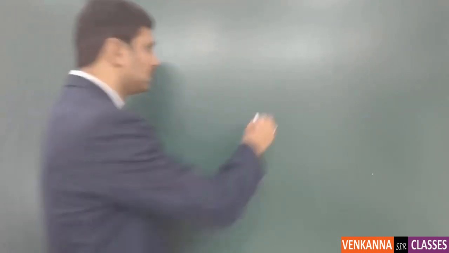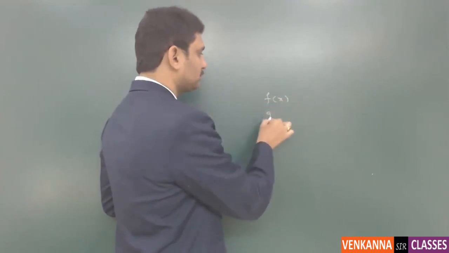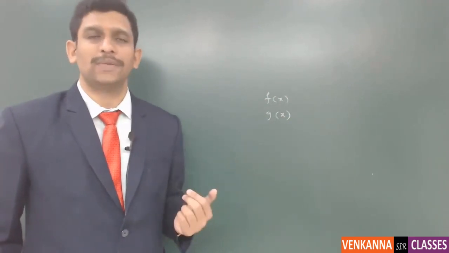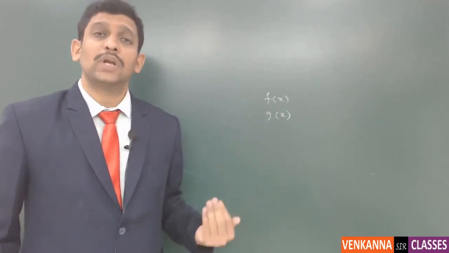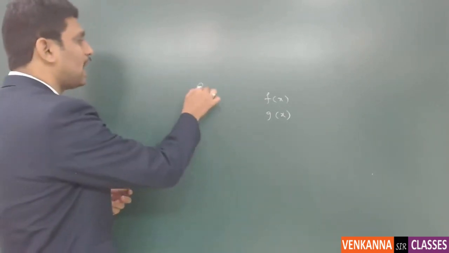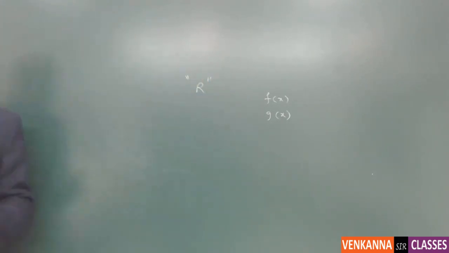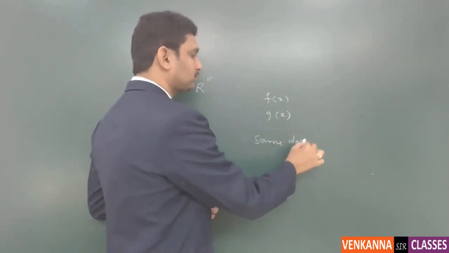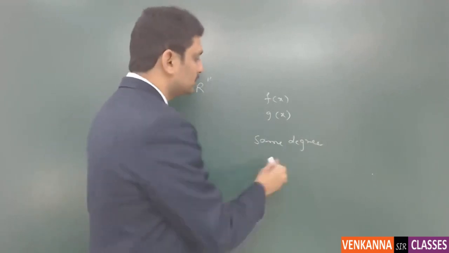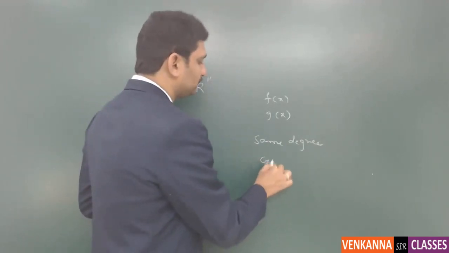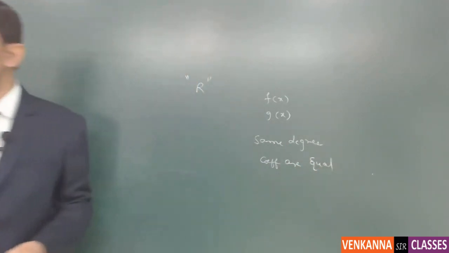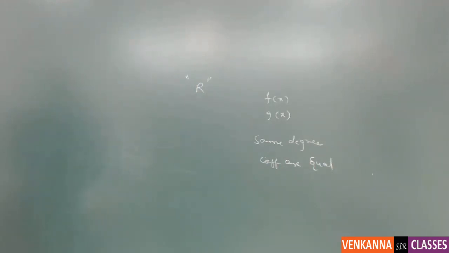Is it clear? Right. So, if f of x and g of x are two polynomials where the coefficients are taken over a ring R, we say that f of x equals g of x if both have the same degree and respective coefficients are equal. The coefficients of like terms are equal. Accepted?